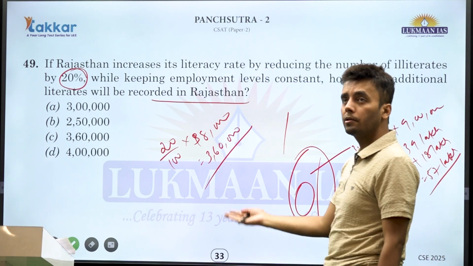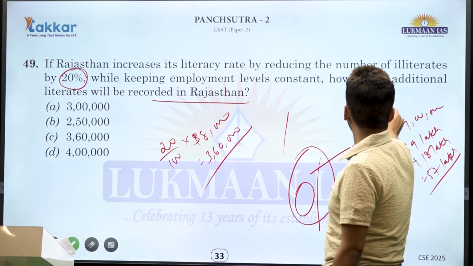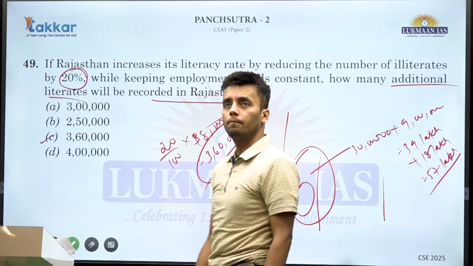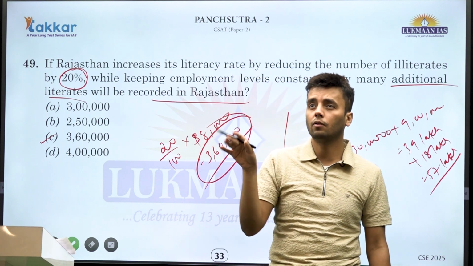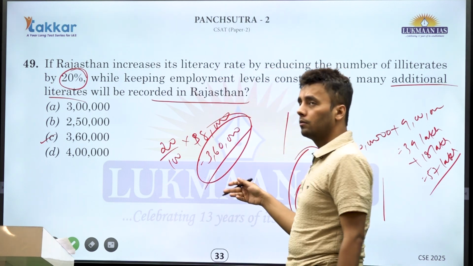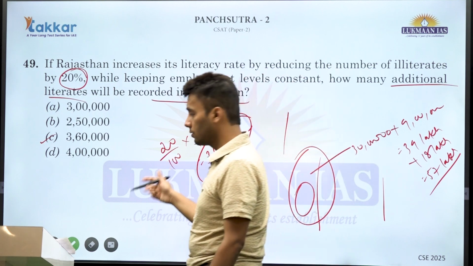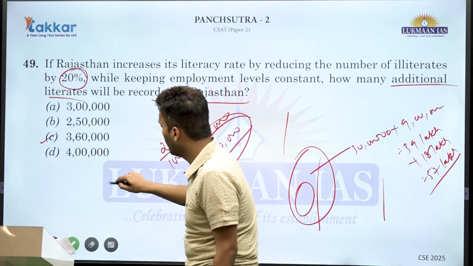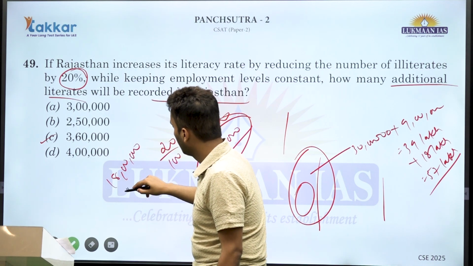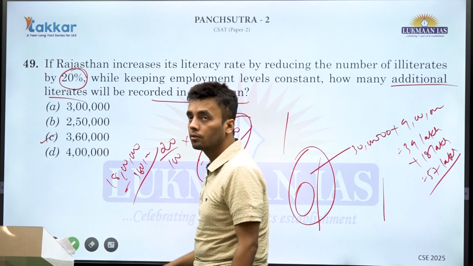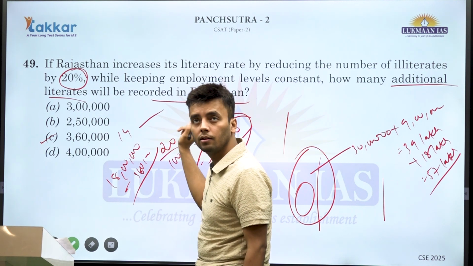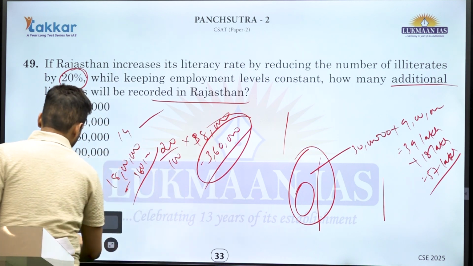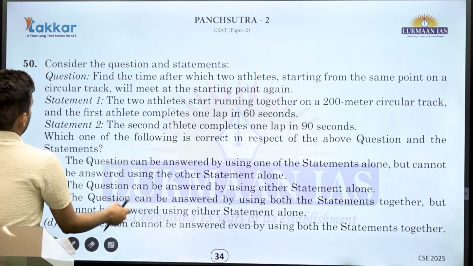Since the population remains the same, the additional literates recorded will be the same as this number, 3,60,000. Out of 18 lakh illiterates, we subtract 3,60,000, so the remaining will be 14 lakh something illiterates. Okay, so we are done with this question.